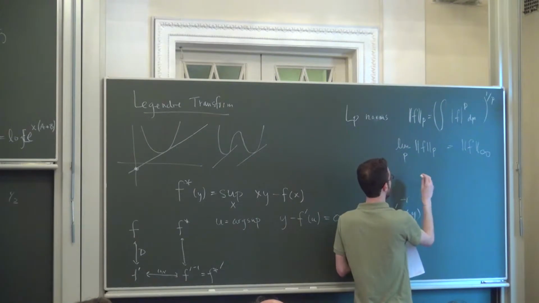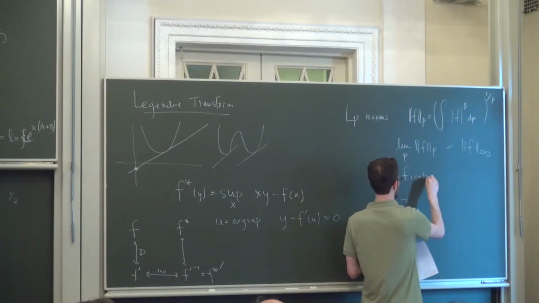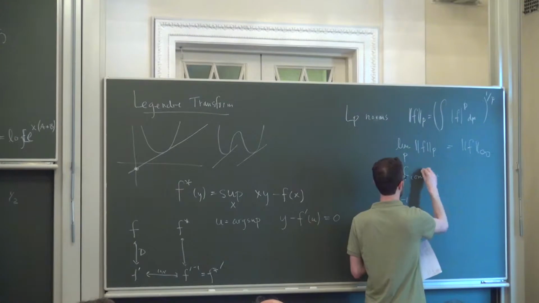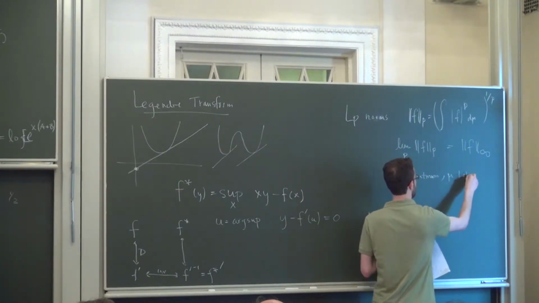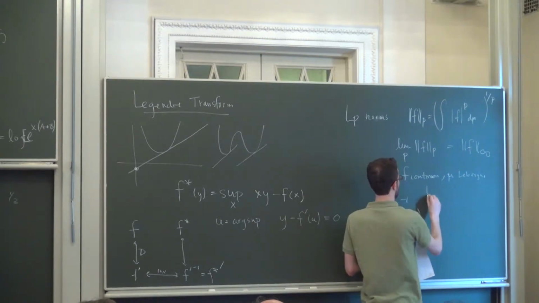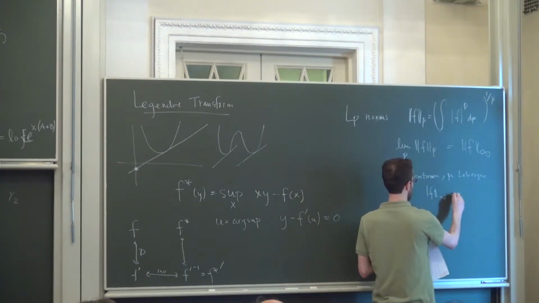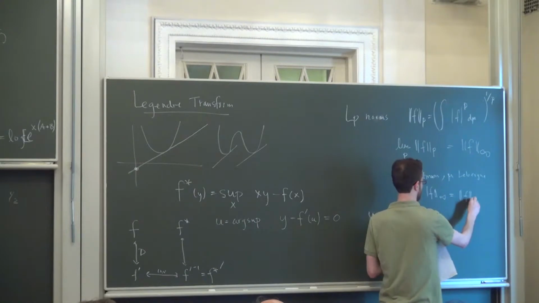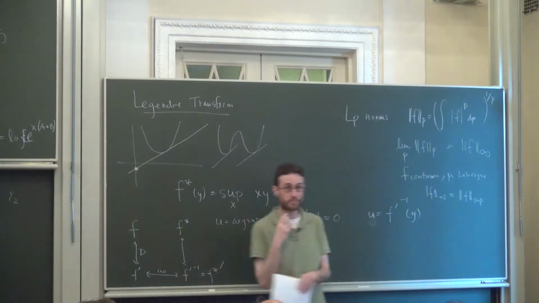And when f is continuous and mu is the Lebesgue measure, then f infinity is the sup norm.